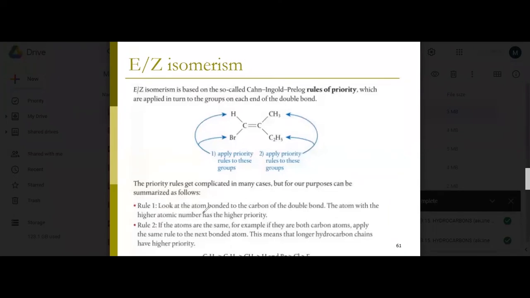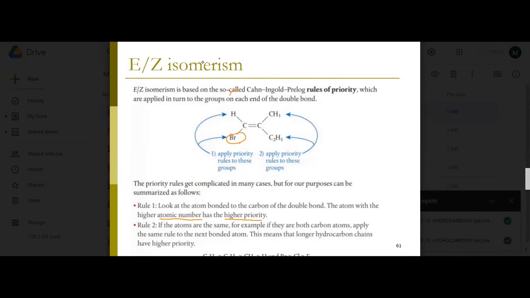Rule 1: look at the atom bonded to the carbon double bond. The atom with the higher atomic number has the higher priority. So the first thing you should compare is the atomic number. Let's say we compare H and Br. Br has the higher atomic number, right? So Br has the higher priority compared to H.